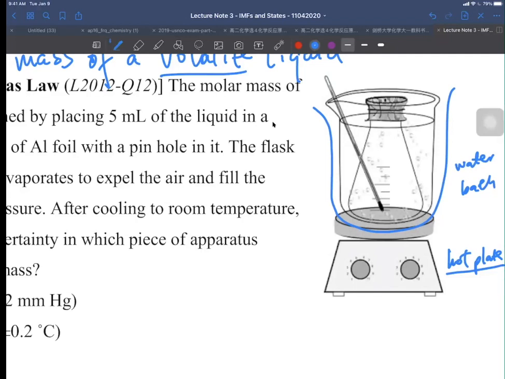And then we are going to put a flask with aluminum foil capping the flask, and you put the unknown liquid with an unknown molar mass in the flask. Basically, this is the setup. And also we have 1 or 2 tiny holes on the aluminum foil.